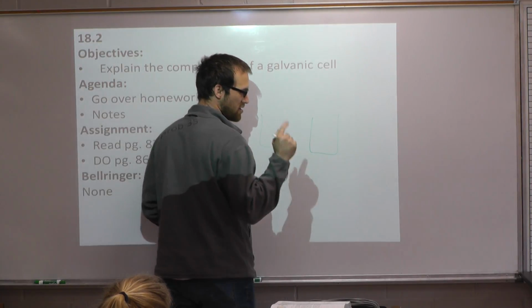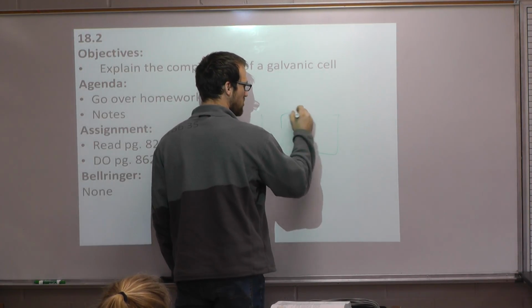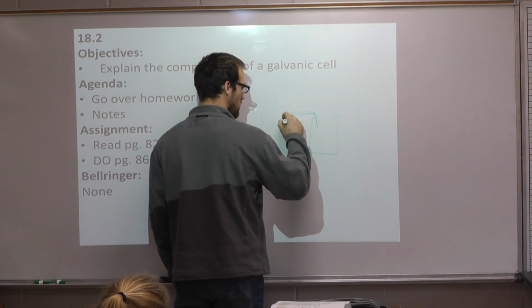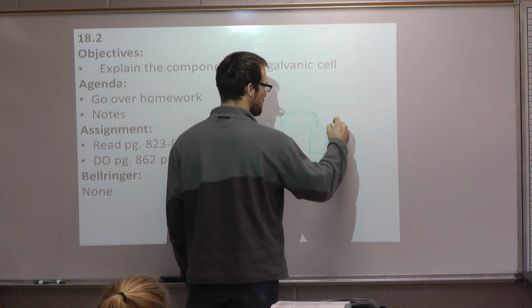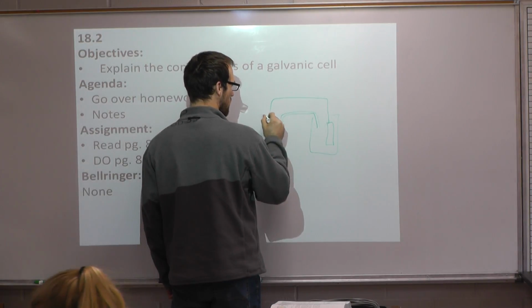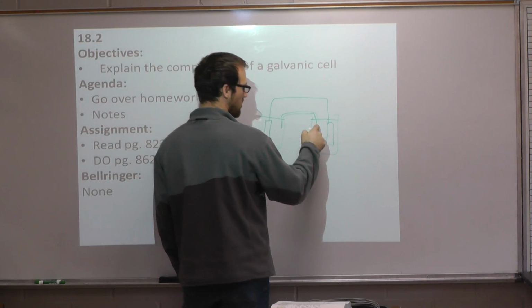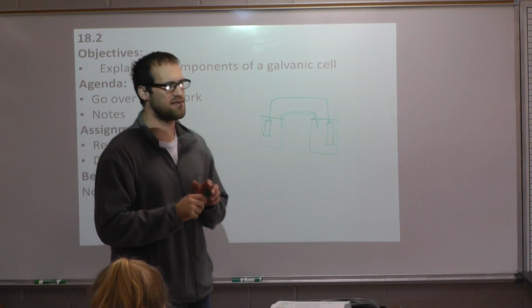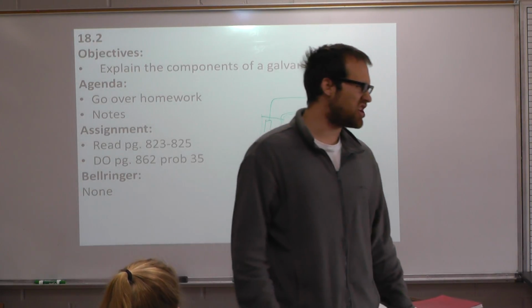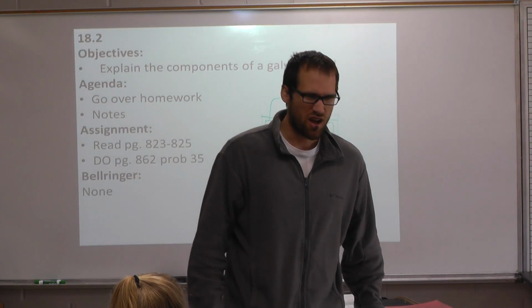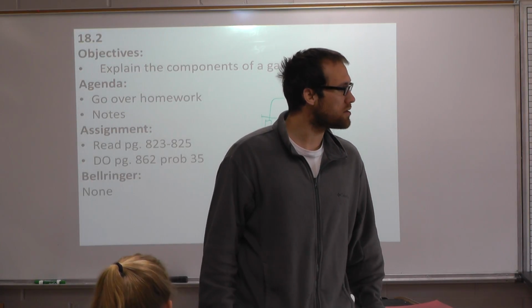So if I were to do a little visual up here, they'll use what's either called a salt bridge or a semi-permeable membrane. So there's your wire. This is what's called your salt bridge, and what is in that is a jello-like mixture of ions, an electrolyte solution.